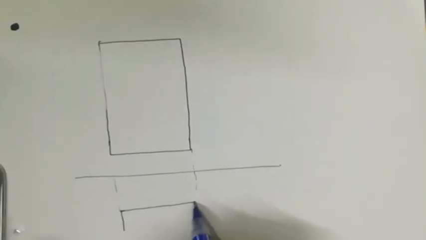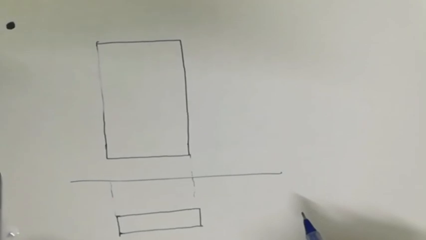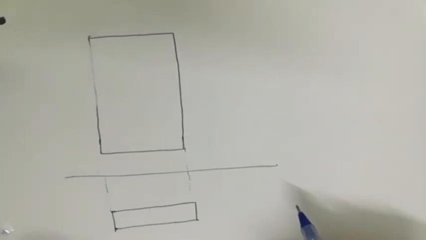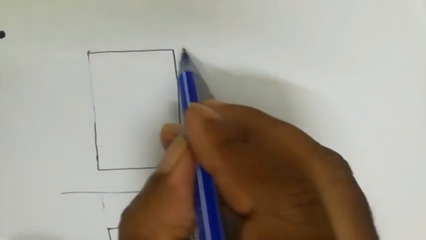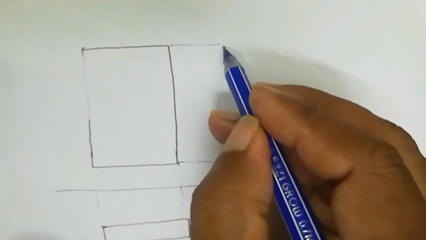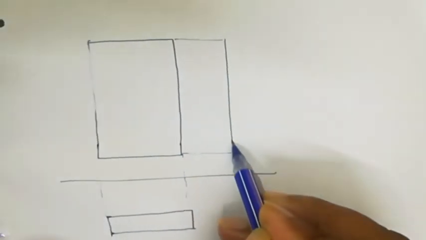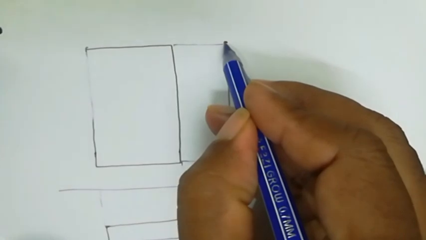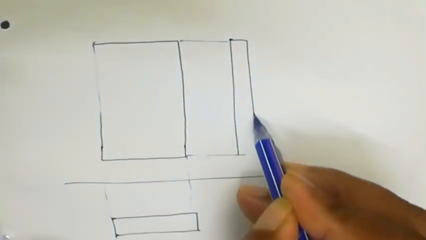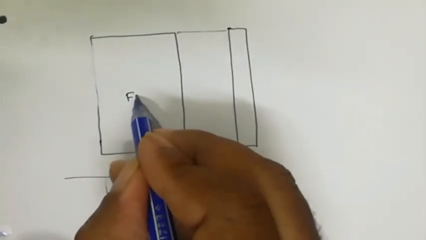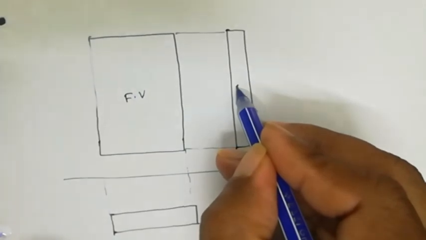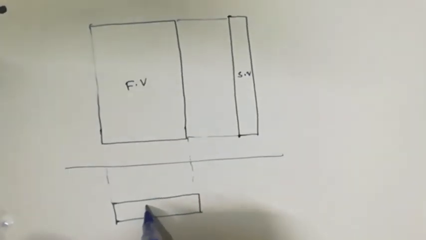Okay, if you look from the top, you will see this like this. Now if we look from the left side, you will get the side view on the right side of the front view in first angle projection. Again there you can see the thickness of the object. Okay, this is the front view, this is the side view, this is the top view.